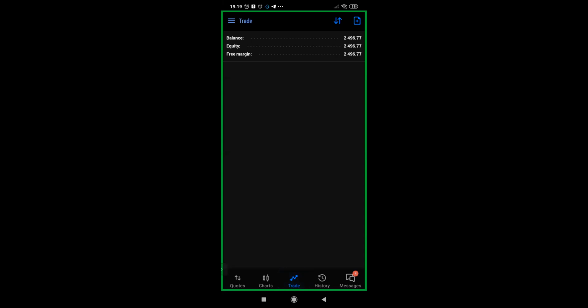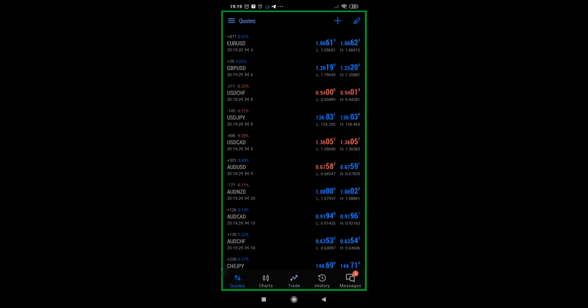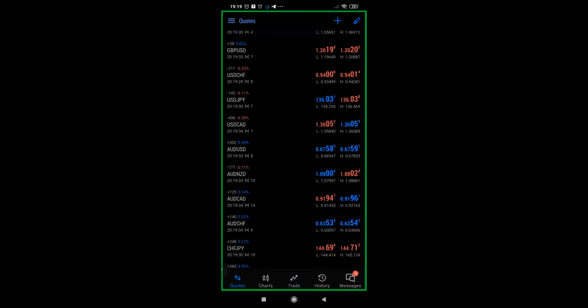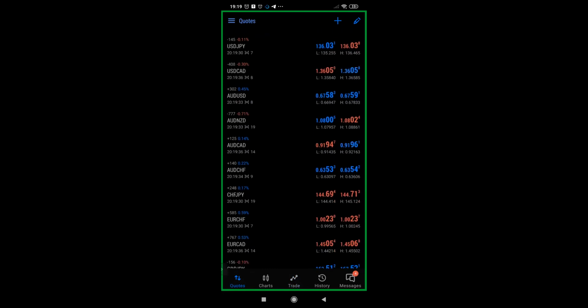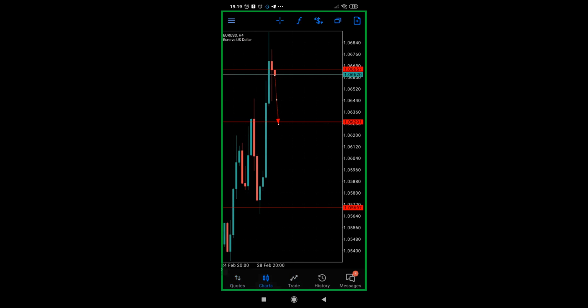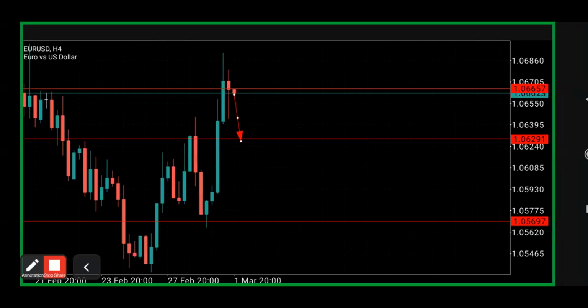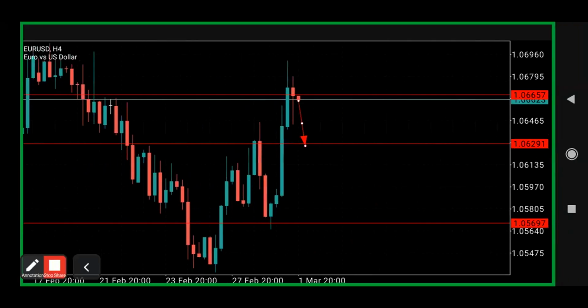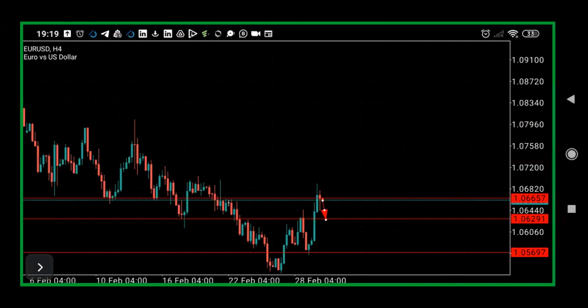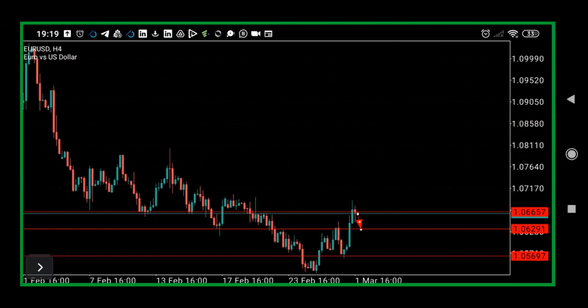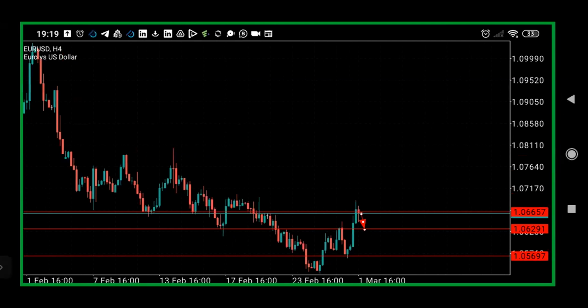Now, we were talking about how to use the MT5 platform. Now you know how to open and close a trade. You know how to use the quotes tab, how to add currency pairs. What you don't know how to use right now is the chart. The chart is about making sense of these buy and sell candles. How do you analyze?